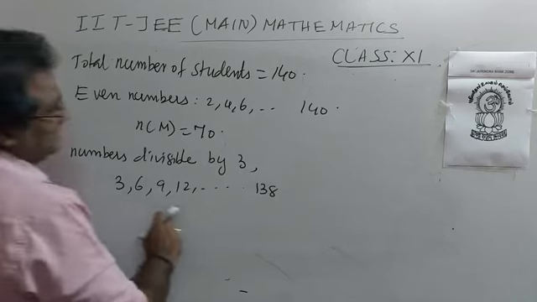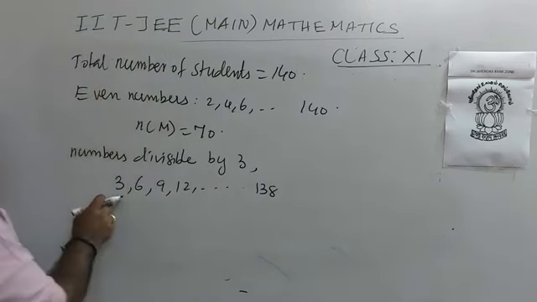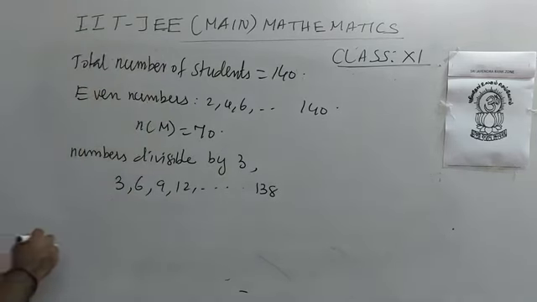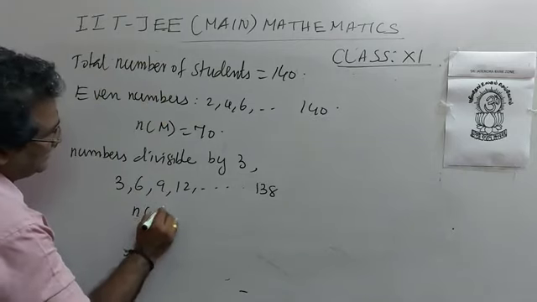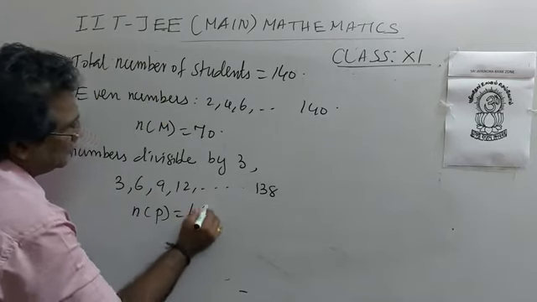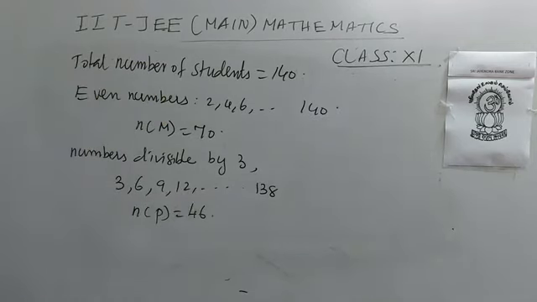There will be 46 numbers in this series. So n of physics equal to 46.